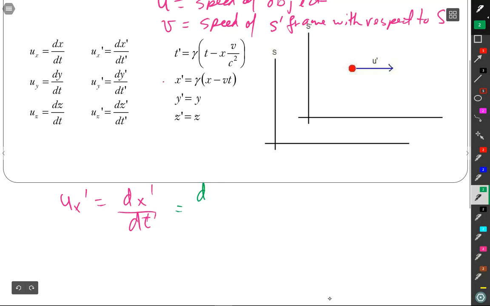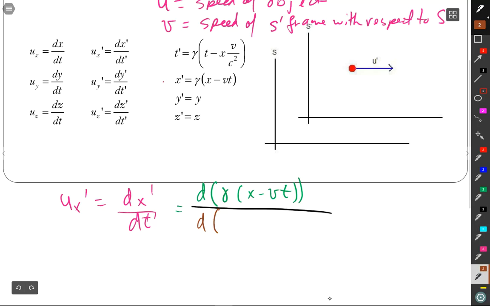So this is going to be d of gamma times (x minus vt), over, and likewise for time, d of gamma times (t minus xv over c squared).